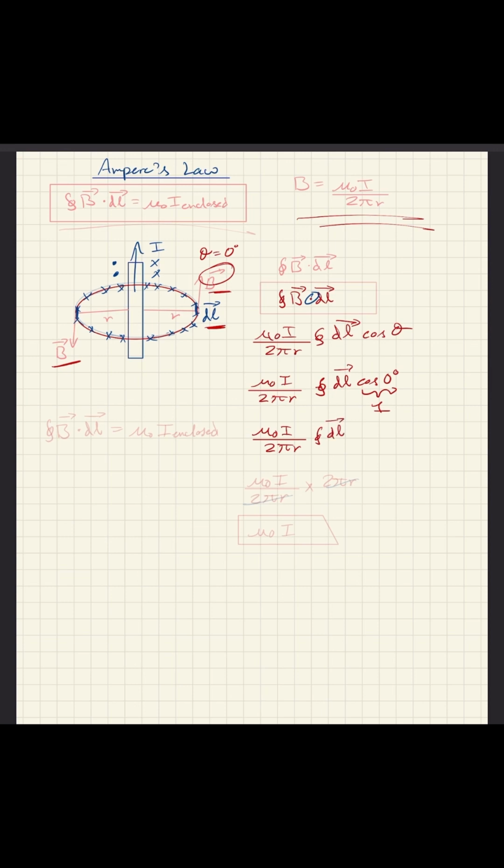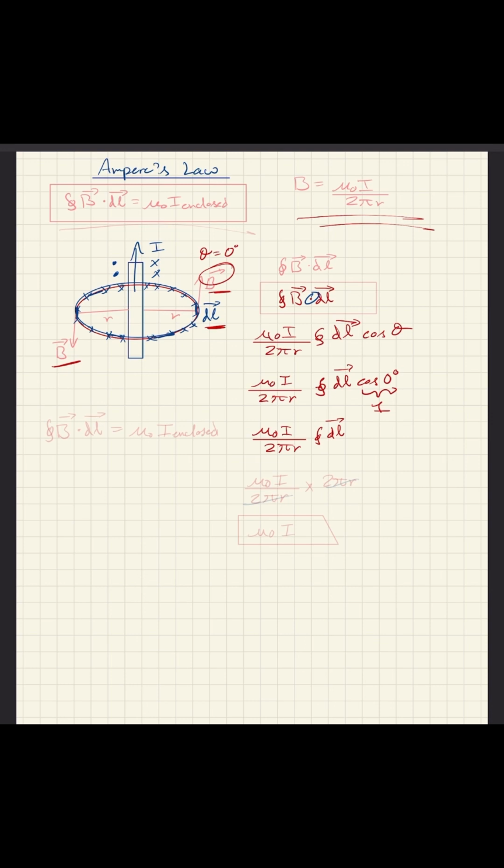And now our dl is going to be constant, because if you think about it, dl on any part of this loop, dl right here, here, here, is going to be 2 pi r, because think about this loop as a whole. dl is going to be constant throughout said loop.